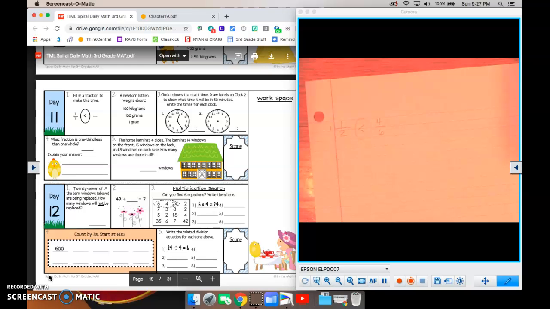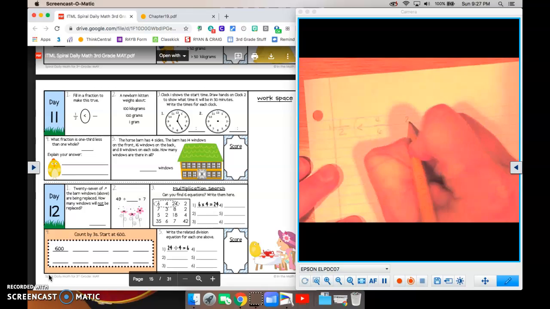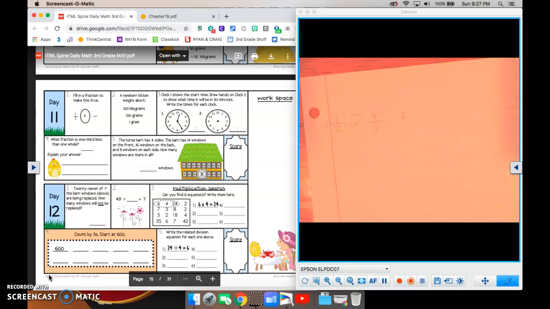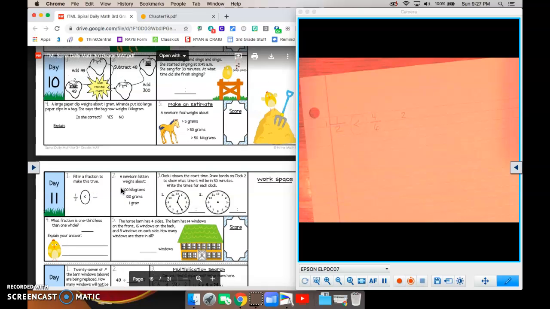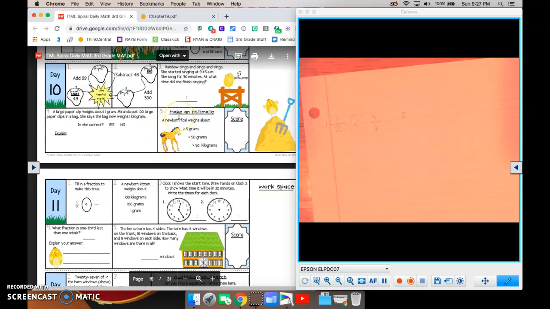Let's look over here at number 2. A newborn kitten weighs about 100 kilograms, 100 grams, or 1 gram. Now, we had to make an estimate yesterday on the weight of a newborn foal.